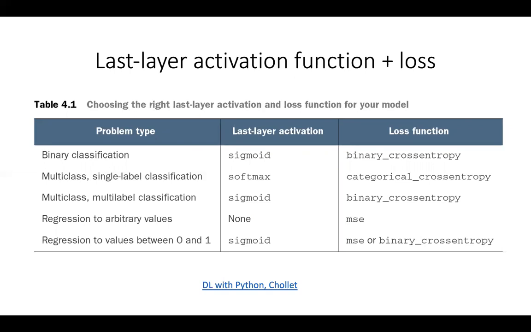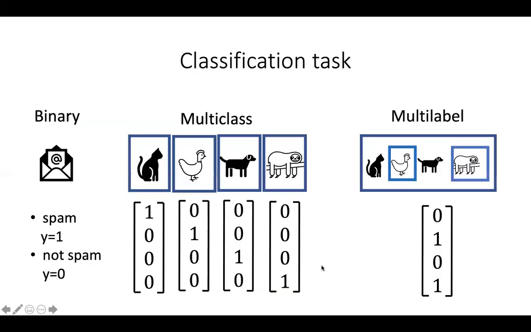So let's divide this table into 3 parts and go step by step. Classification task: what kind of classification task do we usually have? It could be binary. For example, an email: is it spam or not spam?